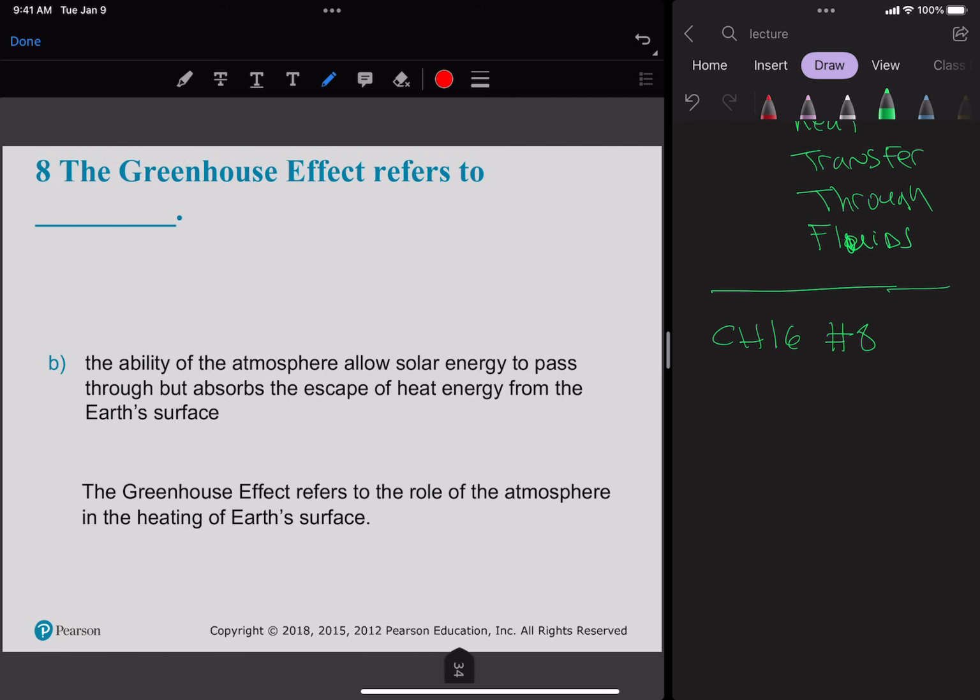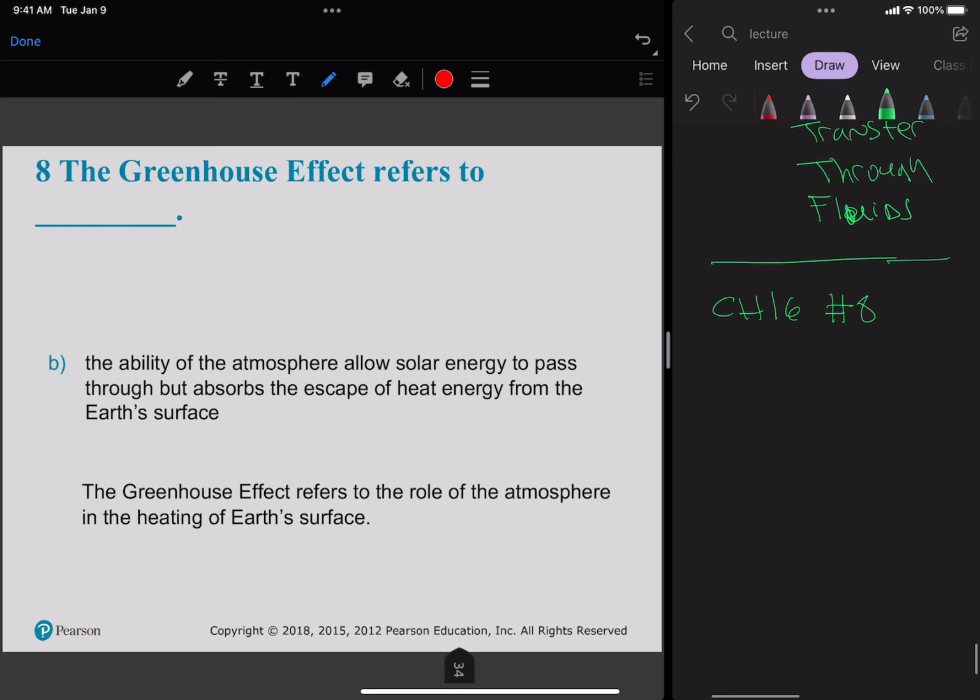So let's see. The greenhouse effect is a two-step process. Okay, so our atmosphere lets sunlight pass right through, so the visible light passes right through.